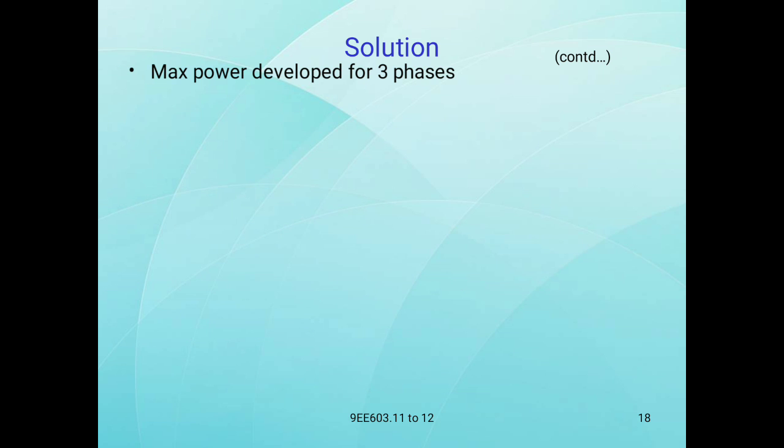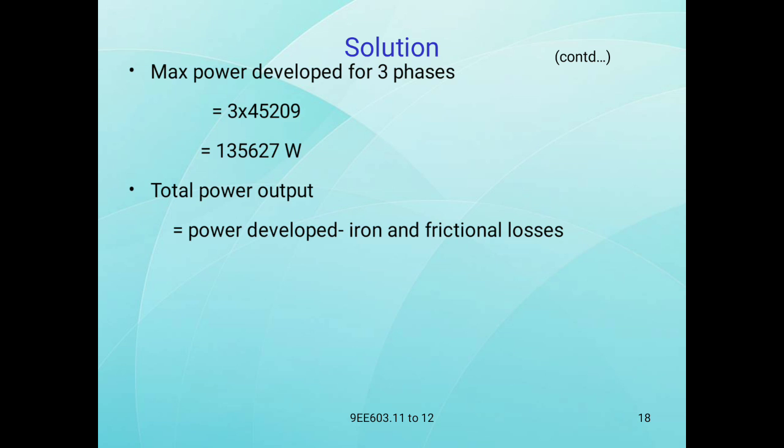Here the maximum power developed for 3-phase is 3 into 45209, that is 135627 watts. So the total power output is power developed minus iron and friction losses, 135627 minus 500, that is 135127 watts.